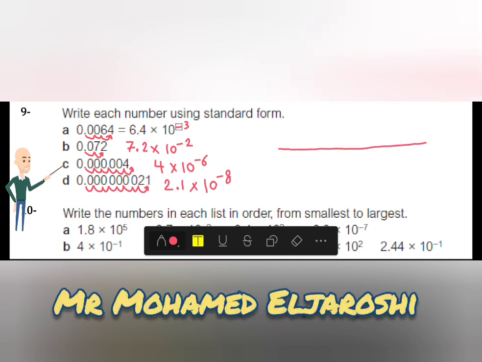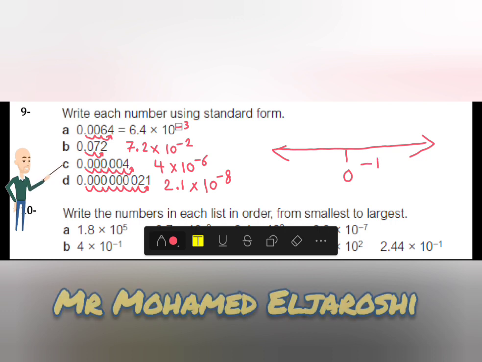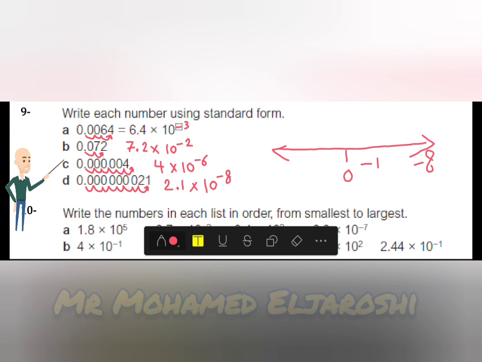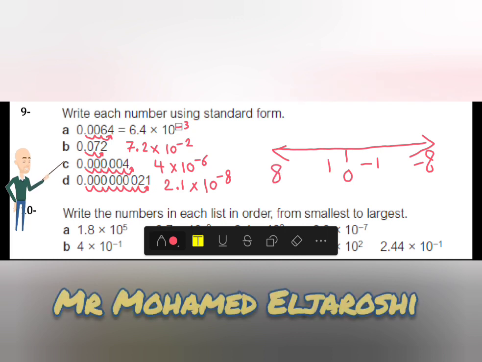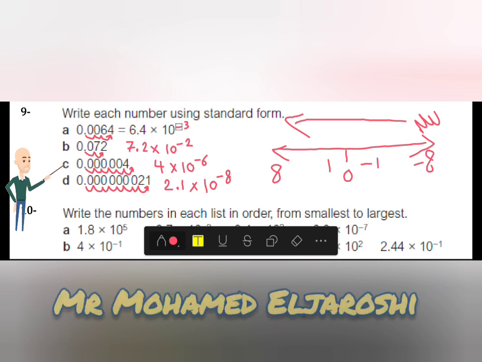Depending on the number line, here we have 0, here we have negative 1 and negative 8, for example. And here you have 1 and 8. So smaller numbers are here. And then once they go up like this, they become bigger. So the idea of smaller numbers, they have negative powers first, and the opposite to the positive numbers, the bigger the negative number, the smaller the value of a number.